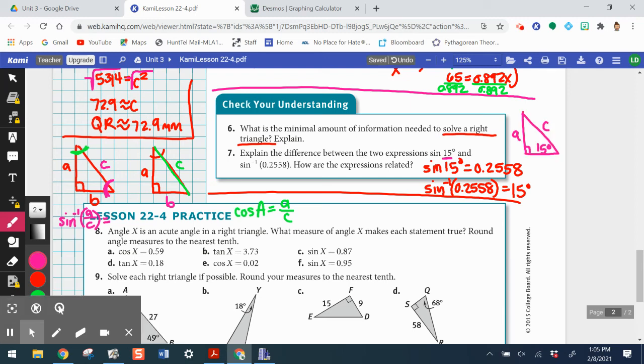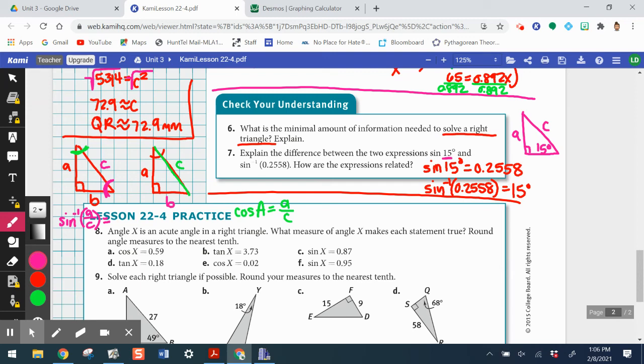So let me try to explain it in context, what we're seeing here. For example, we have this little right triangle here with a known angle measure of 15 degrees. If I say the sine of 15 degrees is 0.2558, what I'm really saying is that any side opposite of a 15-degree angle in a right triangle, any side opposite of that angle compared to the length of the hypotenuse is going to be that decimal.